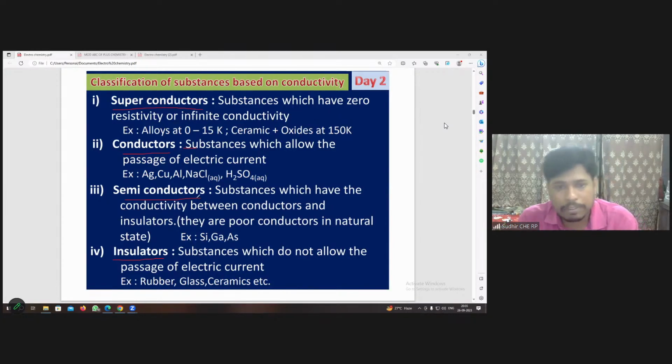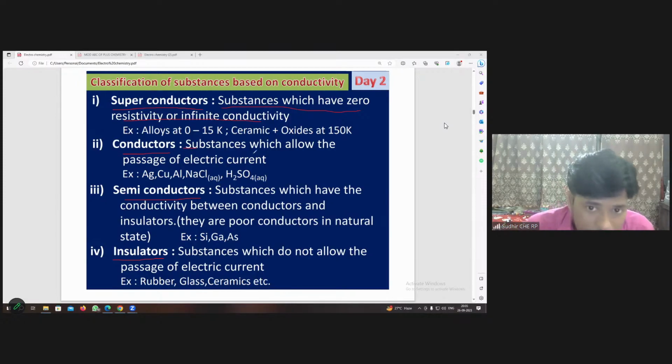One after another, we need to understand what each one means. What does a superconductor mean, or a conductor mean? First I'm choosing superconductors. The substances which have zero resistivity and infinite conduction property are called superconductors.